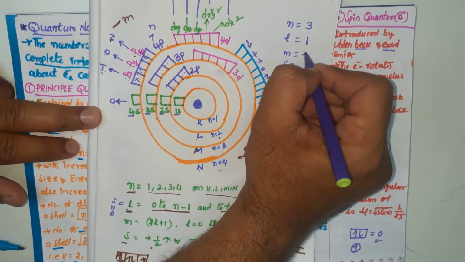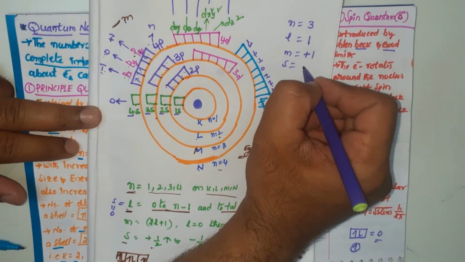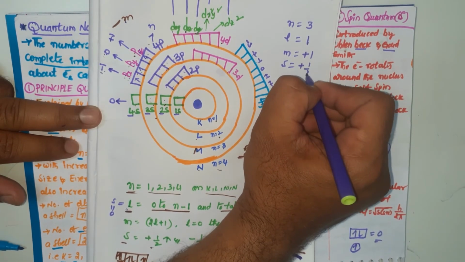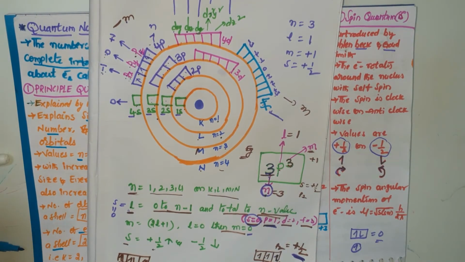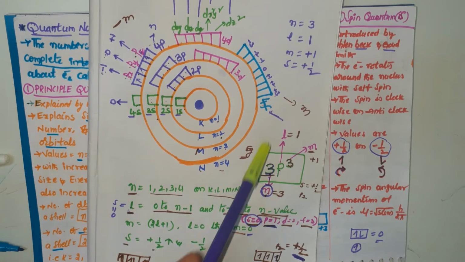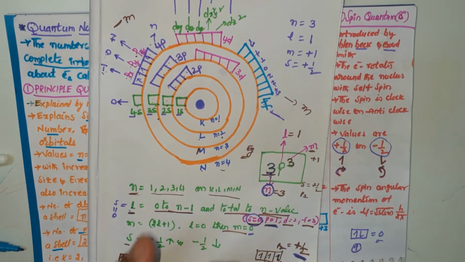That's why the m value is plus 1. What is the spin? When the arrow is upside, we show plus half. So this spin is plus half. Like this, for all electrons of atoms, we can find the four quantum number values.